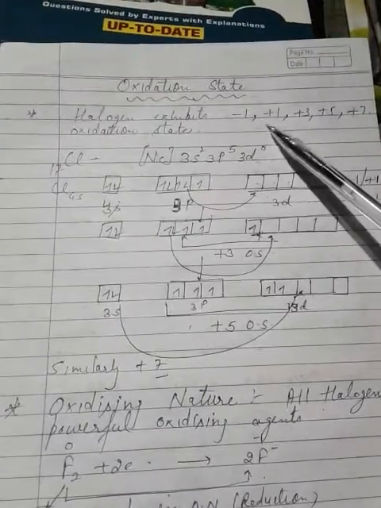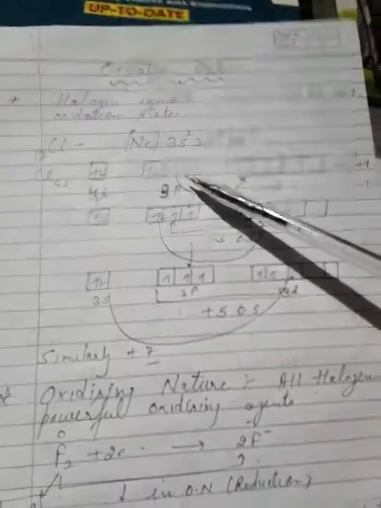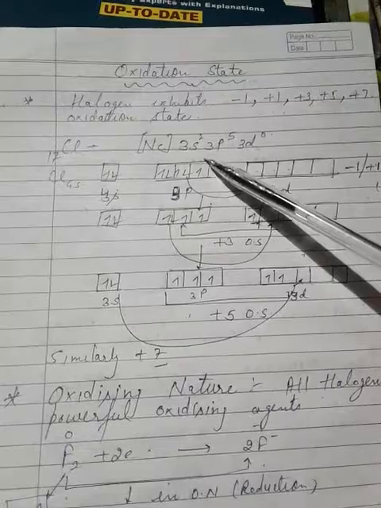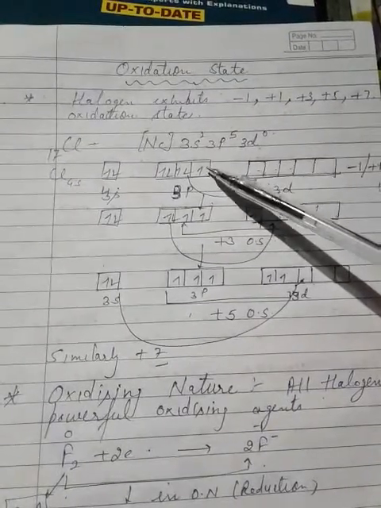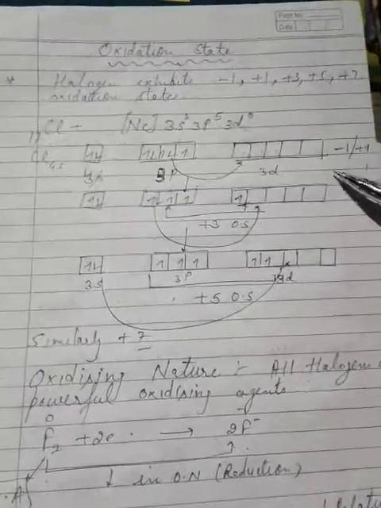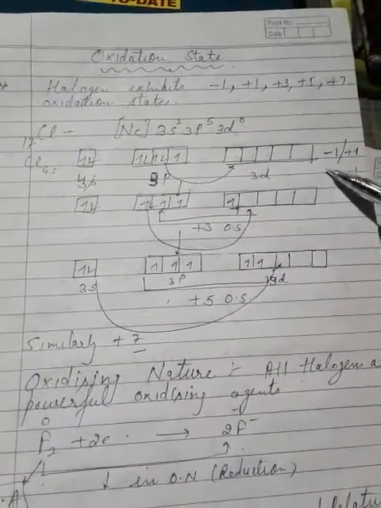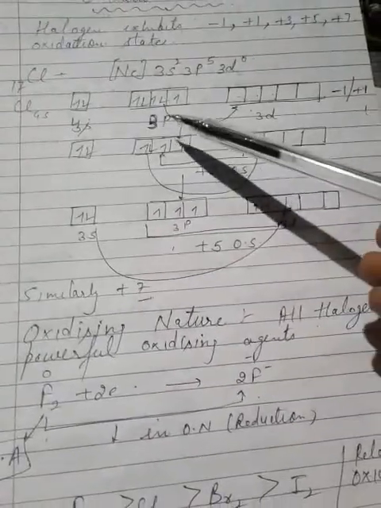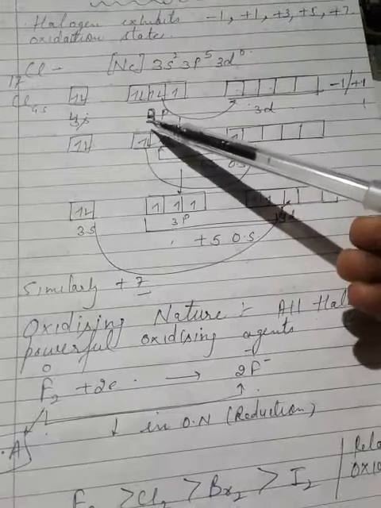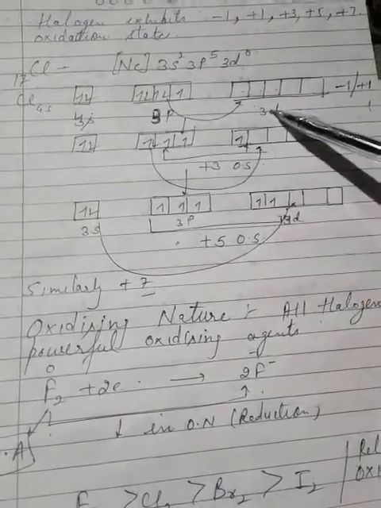Now the +1 oxidation state can also be shown: since one electron is singly present, it can be removed. So this indicates the existence of -1 and +1 oxidation states. Now let us excite one electron from the lower 3p to the higher 3d.